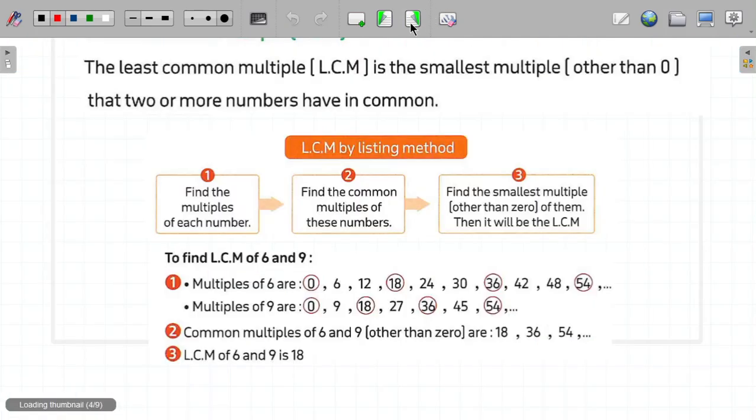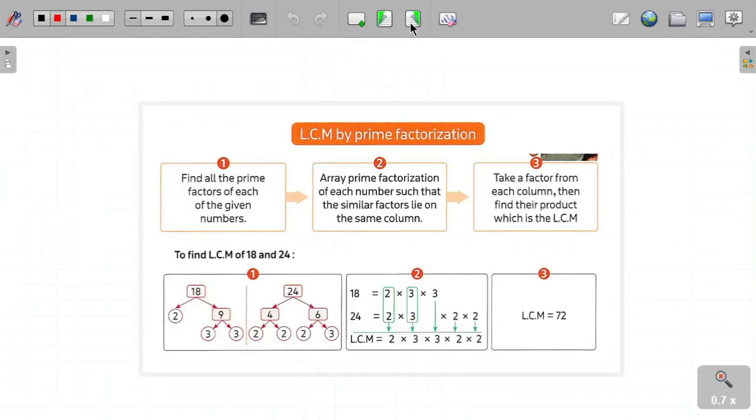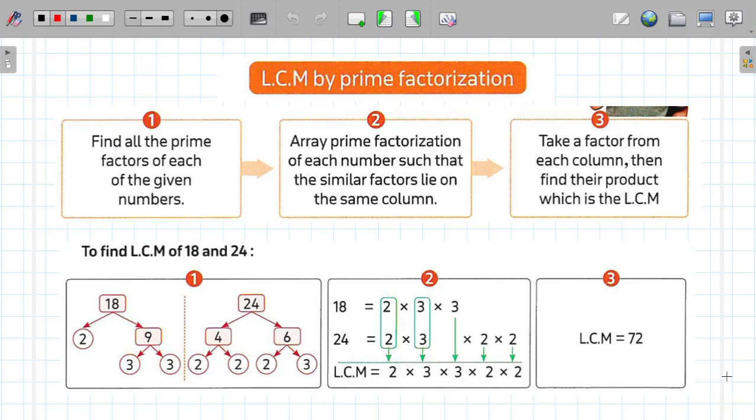So this is the first method to find the least common multiple, the listing method. Okay, the next one is by the prime factorization. So first, I will find all prime factors of each of the given numbers.